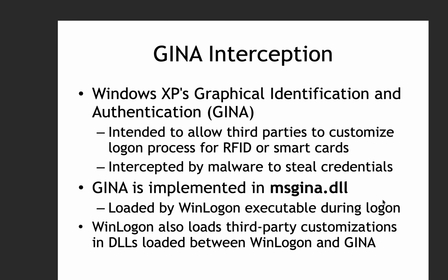This goes all the way back to Windows XP, so it's not something we have to worry about right now. But Windows XP utilizes something called graphical identification and authentication, or GINA, and it allows third parties, like through APIs, to customize the login process. What you're going to do is look for the key DLL, msgina.dll, and that is actually legitimate.